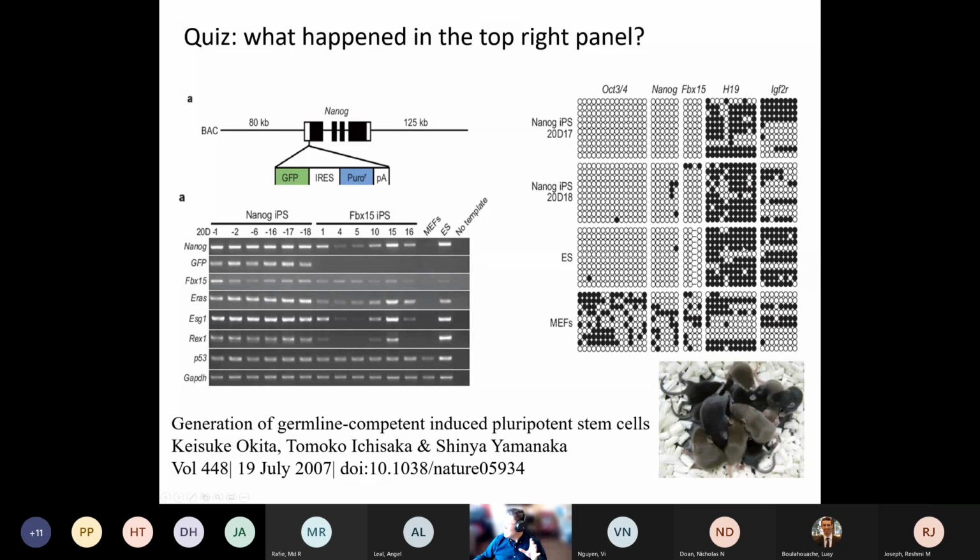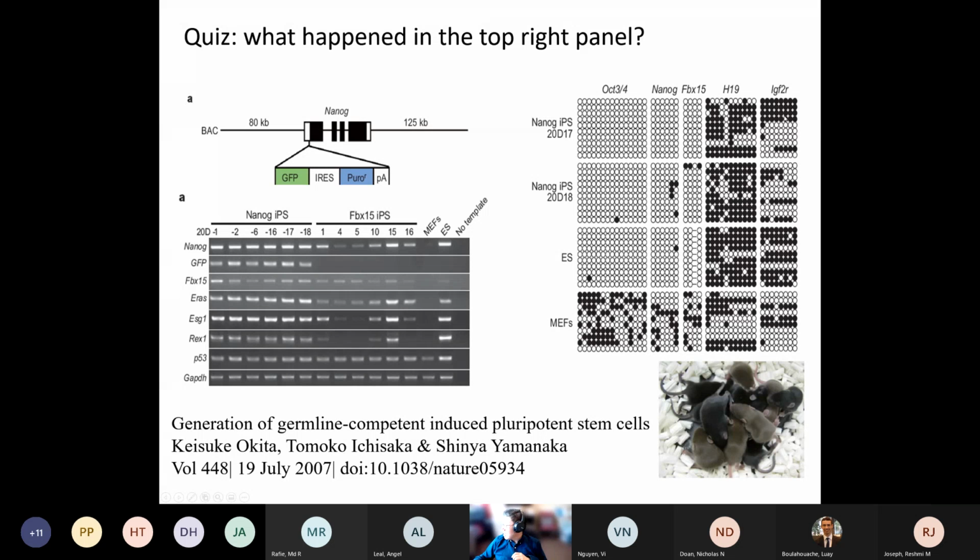In this somatic cell, the gene is expressed; in embryonic stem cells it is heavily methylated, because embryonic stem cells will not express H19 and IGF2 receptor. But in MEF cells, you do have relatively more CpG that are unmethylated when you compare to ES.